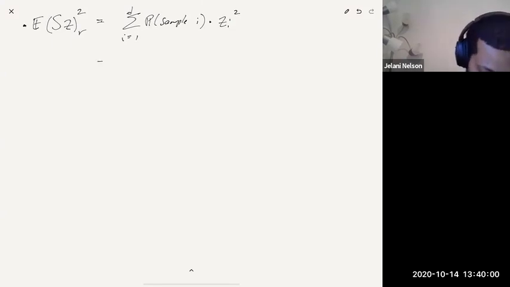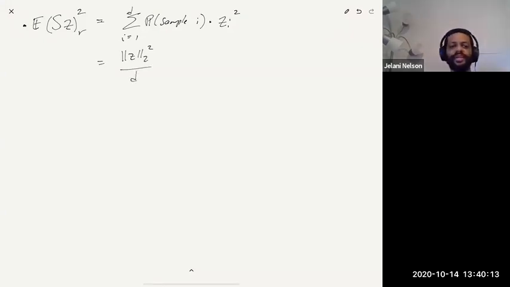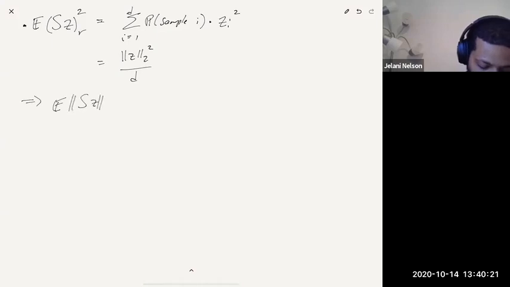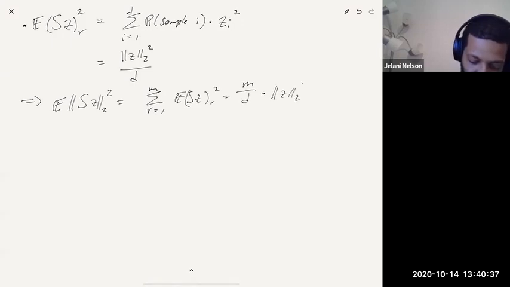So this is equal to basically the L2 norm squared divided by d. So therefore this implies that the expectation of the L2 norm squared of Sz, well, that's just equal by linearity of expectation to the sum over all r from 1 to m of the expectation of (Sz)_r squared, which we know now is m over d times the L2 norm squared of z.